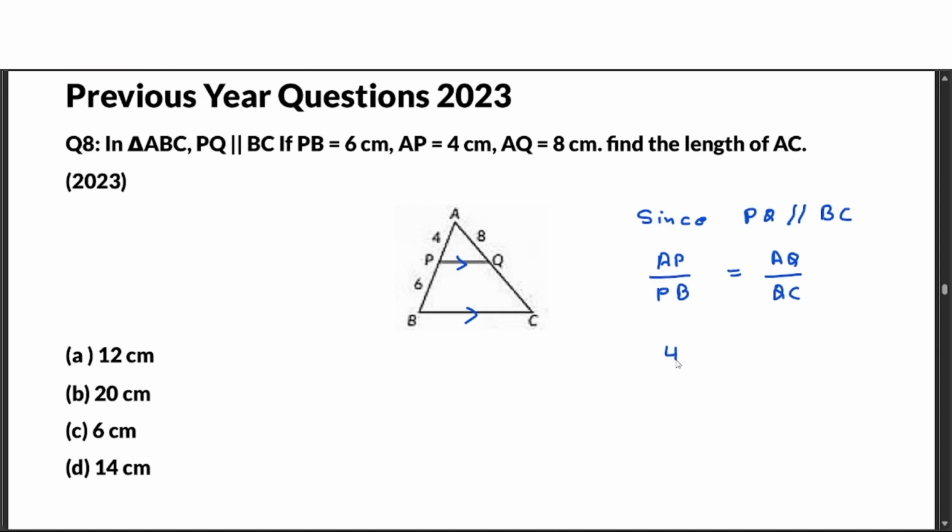AP is given as 4, PB is 6, and AQ is 8, but QC is not given. So you can do the cross multiplication. QC is equal to 8 over 4 times 6. This one gets cancelled by 2, so you will get 12.